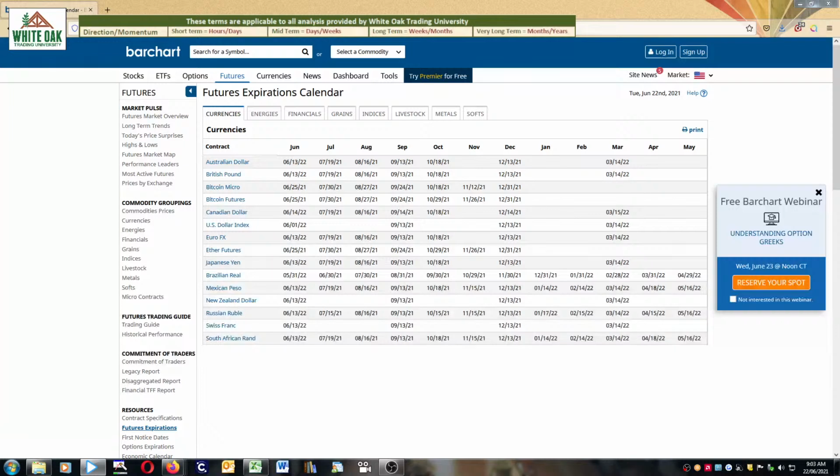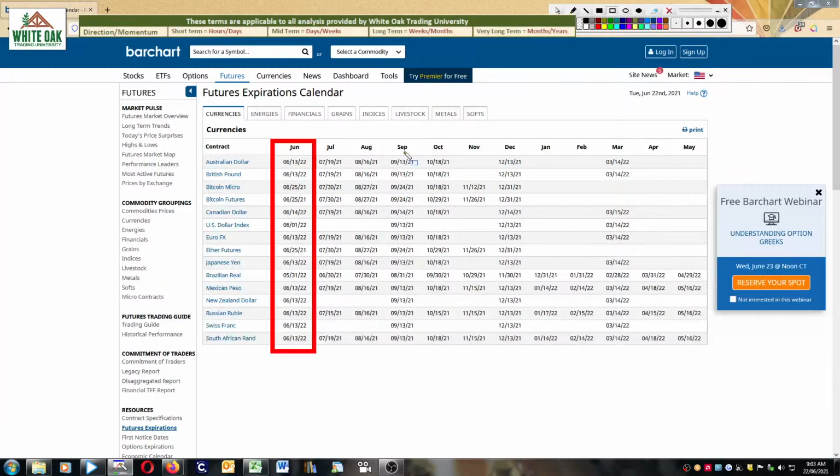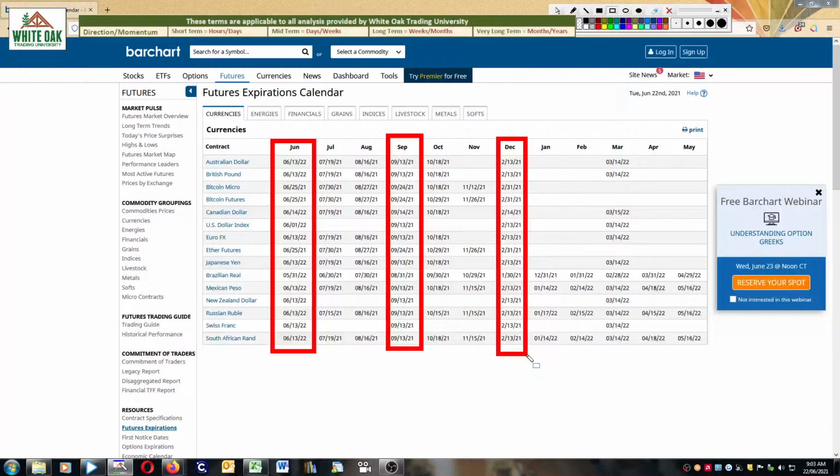If contracts are close to expiring, we know they will want to exit those contracts. The question is, when they open the new contracts, are they going to open the same amount of positions as they previously had, or are they going to adjust those positions? That's the key information we want to grab from this.